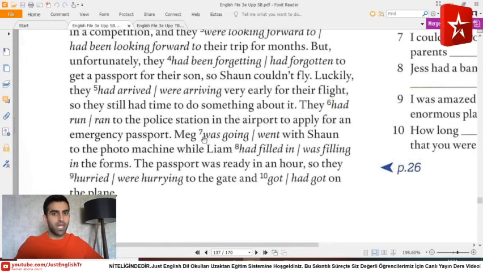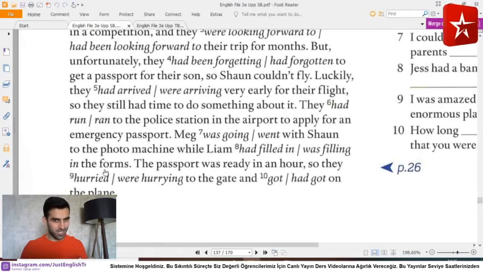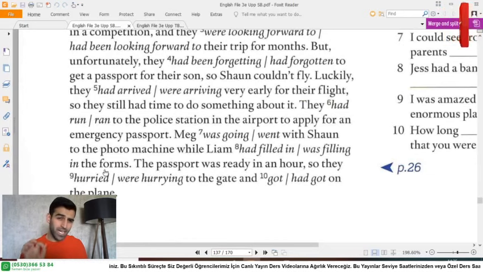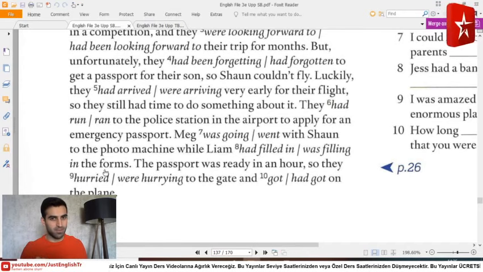Meg was going or went with Sean to the photo machine while Liam had filled in or was filling in the forms. Yes, this is a really interesting sentence, and if you pay attention to that sentence carefully, you can find the correct answers.